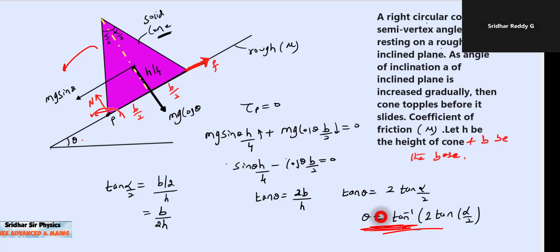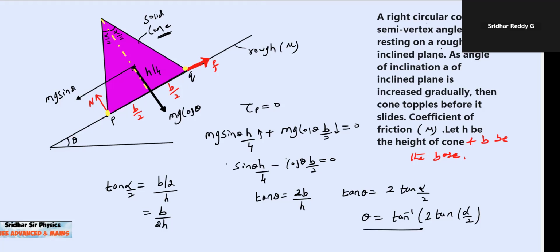There are only two possibilities: either it can topple about P or Q. These are the only two points about which it can topple. The angle of inclination, if this theta is greater than this, the cone will topple about P.